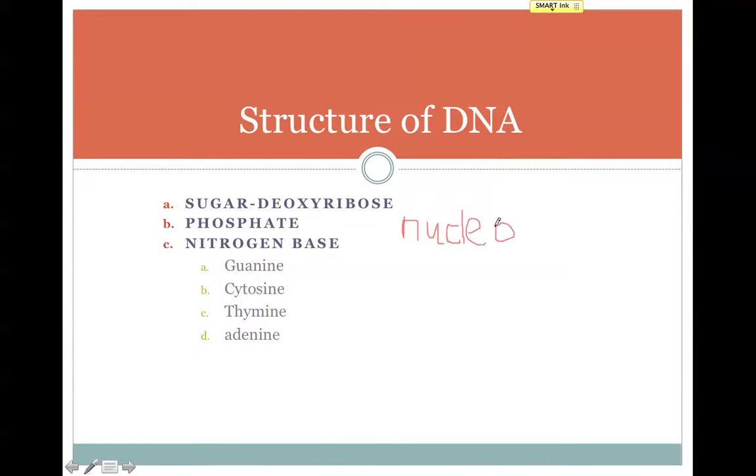So when you're referring to a nucleotide, what you're referring to is the sugar and the phosphate with some base attached to it, one of those four, a nucleotide. So please write that down, and maybe you can make this little thing saying that these three things make up a nucleotide.